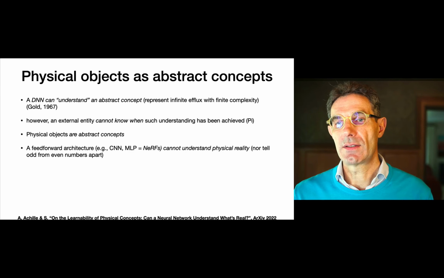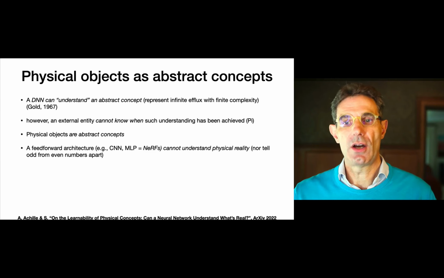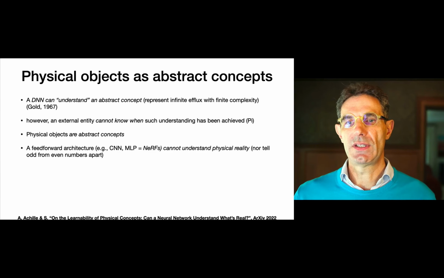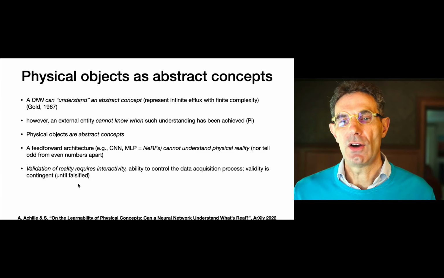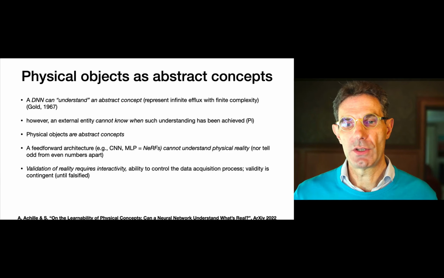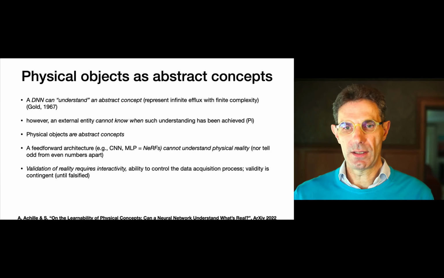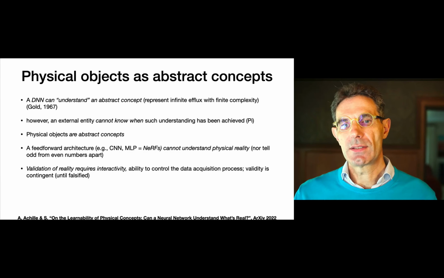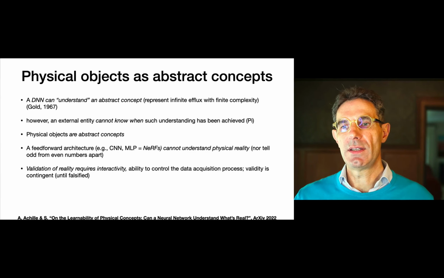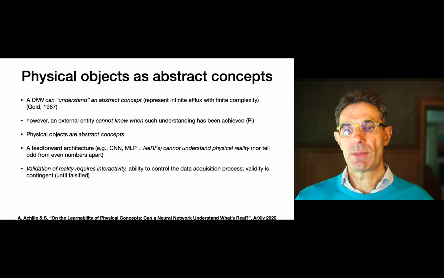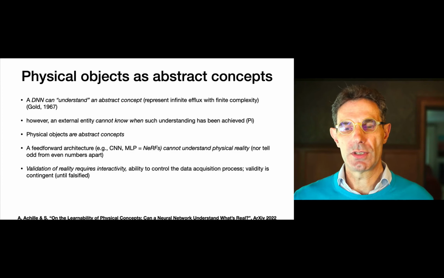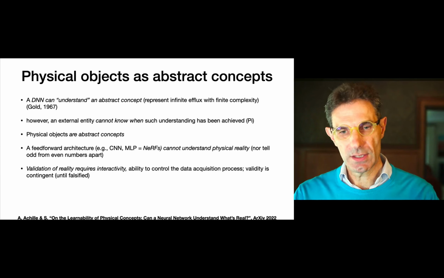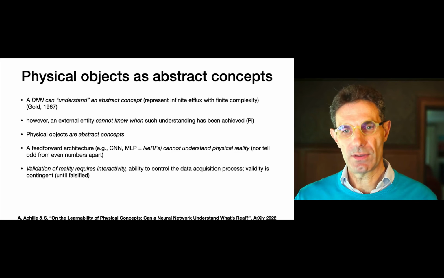And a multilayer perceptron cannot fundamentally understand physical reality either. Now, for an architecture that has some type of recursion mechanism, even implicit in the data, like in a transformer, you can understand reality, but your understanding of reality needs to be constantly validated. And that requires the ability to control the data acquisition process, to interact, to intervene in the environment. And this is the interaction part that I haven't elaborated on.